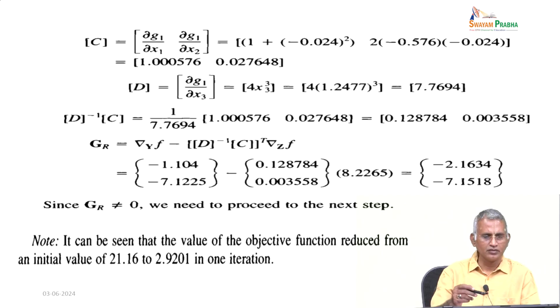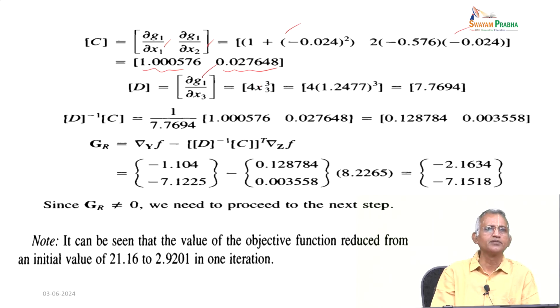Now, C equals dou g1 by dou x1 and dou g1 by dou x2, that is, g1 partially with respect to x1 and g1 partially with respect to x2. So, the corresponding dou g1 by dou x1 value and dou g1 by dou x2 value will come. After simplifying, C has the two values. Similarly, you go to D, dou g1 by dou x3.